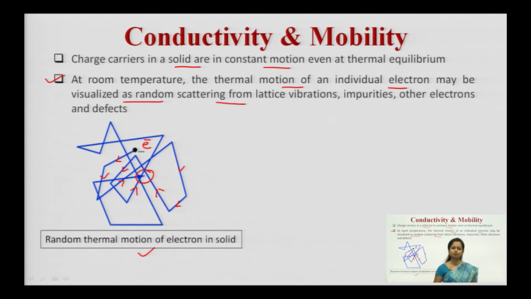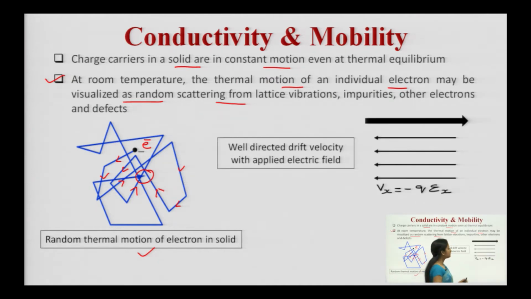Now, you can assume in that particular case, if a number of electrons exist over there, how will they actually behave? Let us say this is the applied electric field Ex and the force exerted on the electron, you can calculate. If the electric field is in this particular direction, the movement is shown in this direction. And what is Vx over here? Vx is the velocity component along the x axis.